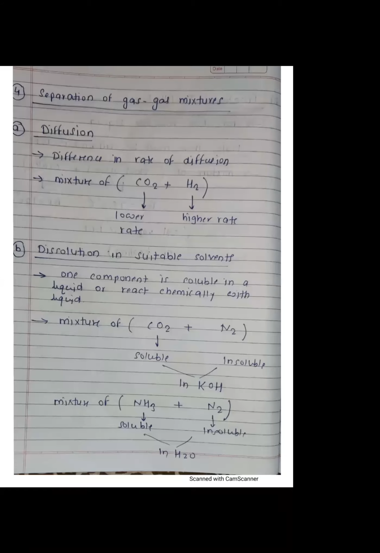I understood what you are asking, beta. As soon as hydrogen gas is diffusing, at that time we have to test for hydrogen gas. Okay sir, so we do not want the CO2 to mix with hydrogen. Yes, we can't see the gases, so we have to test which gas is getting diffused. Okay sir, I understood. Thank you, sir.